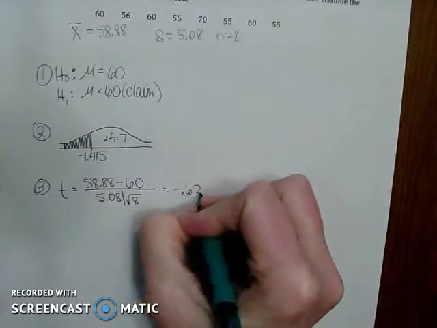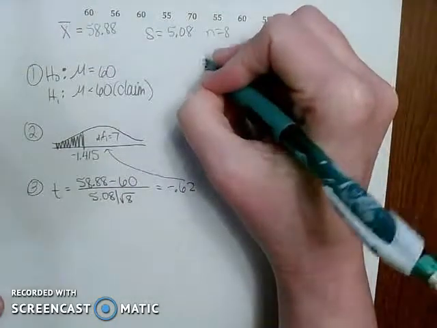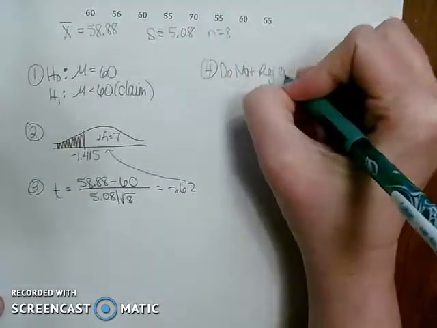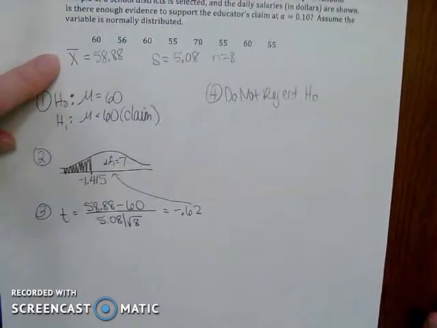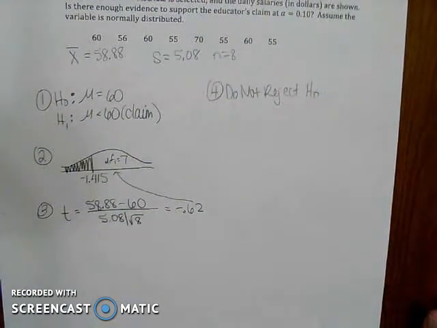Negative 0.62, so that would be over here. So we do not reject H sub 0.